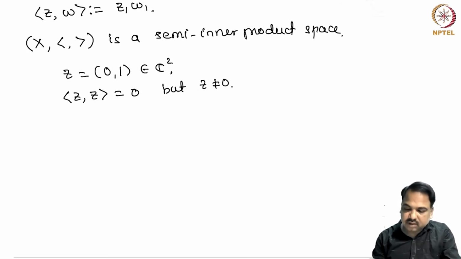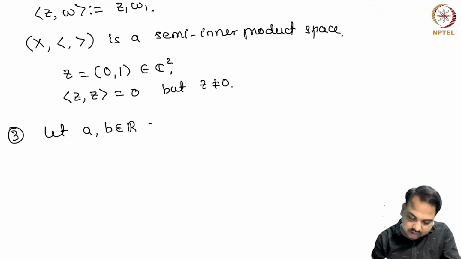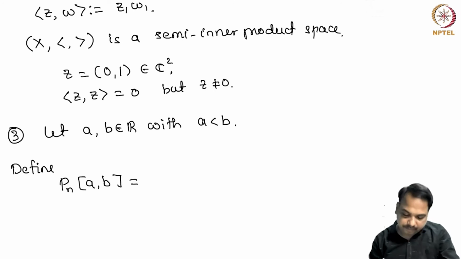Okay, let us look at one more example. Let us take a and b to be real numbers with a less than b. Define Pn of ab as the set of all polynomials in a single variable x which lies in ab.